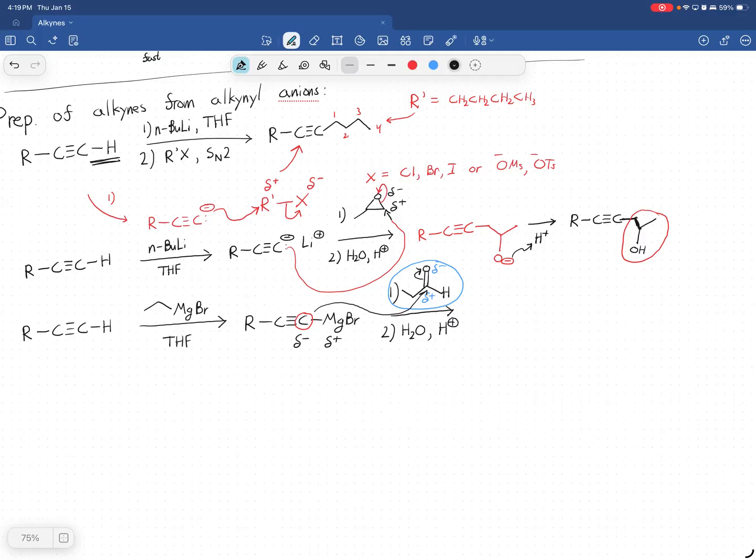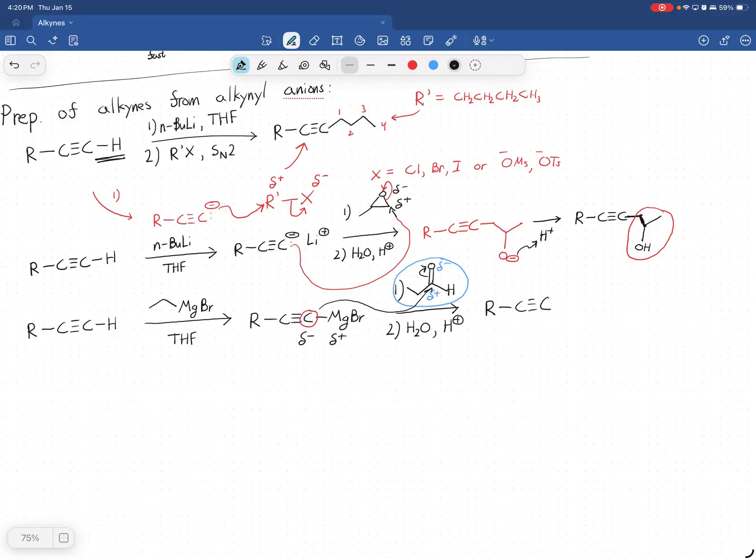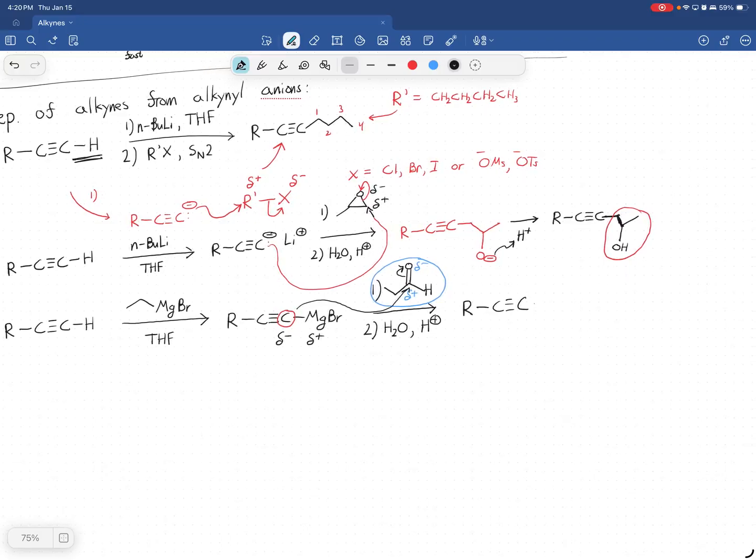Like that. Okay? So let's draw the result of the first step. We get R, C triple bond, C. The magnesium bromide just goes away in solution. It comes out as a byproduct after you work everything up, but it's no longer there. The triple bond is now attached, so I'm going to draw a bond and put the oxygen group here, O minus, and then the rest of the aldehyde right there.